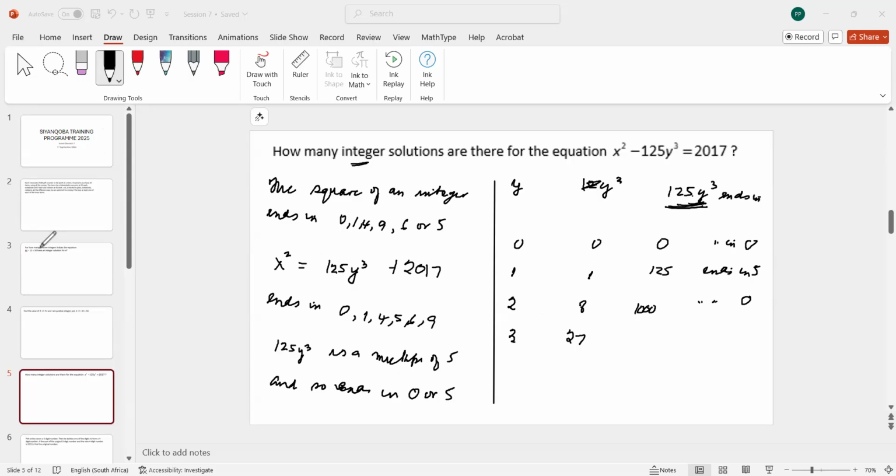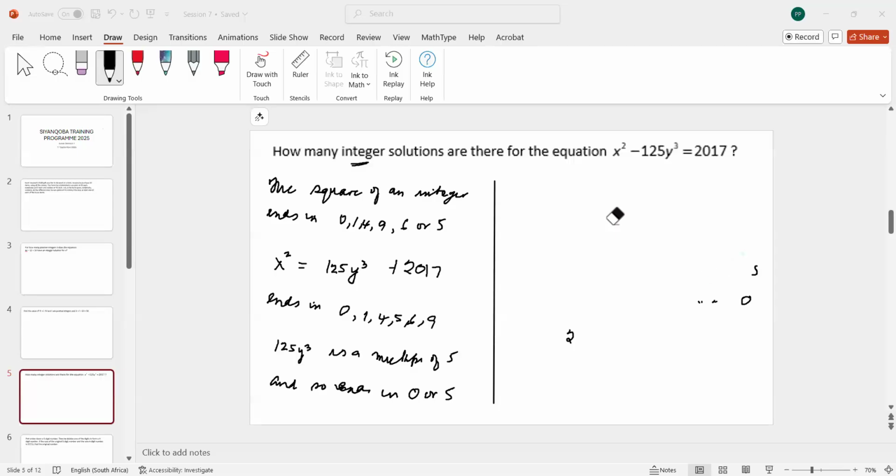Multiples of 5 can only end in 0 or 5: 5, 10, 15, 20. We loved the 5 times table when we were young. 5, 10, 15, 20, 25, 30, 35, 40, 45, 50.